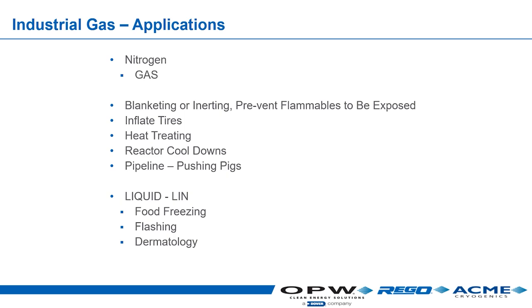Reactor cool downs, the majority of it's called nitrogen services, done by the industrial gas companies. You've got a hydrocracker, hydrotreater at a refinery, a huge furnace oven. They used to turn it off and wait 60 days until it cooled down enough to get a live human being in there to fix the inner wall of it.